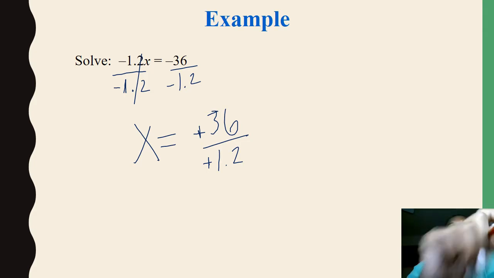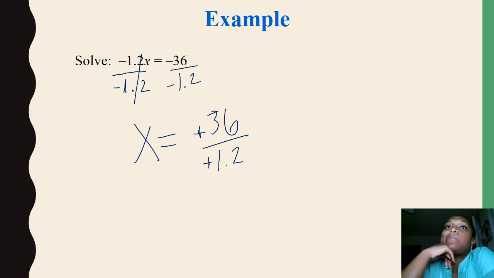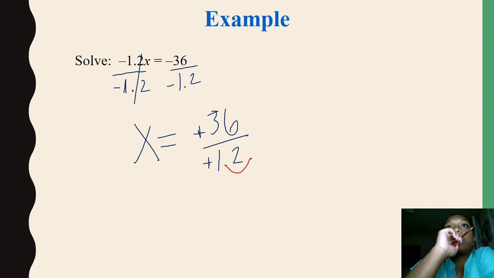Another thing, a little shortcut: with decimals, you can manipulate them by multiplying by 10. When I multiply my decimal by 10, it moves the decimal place one time to the right.